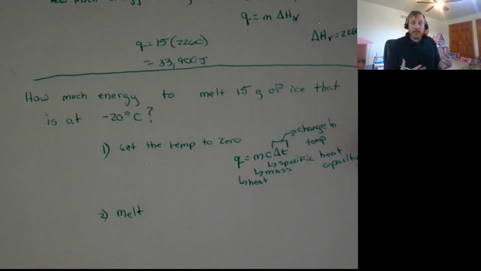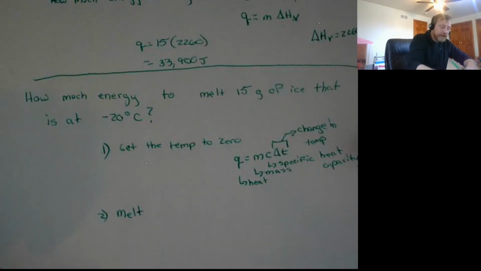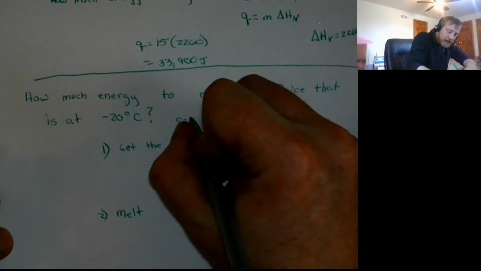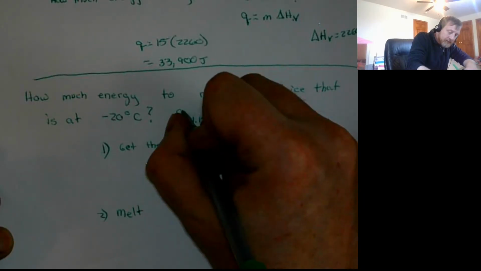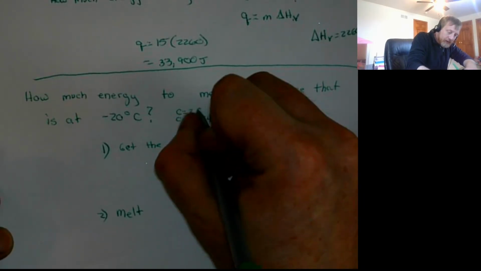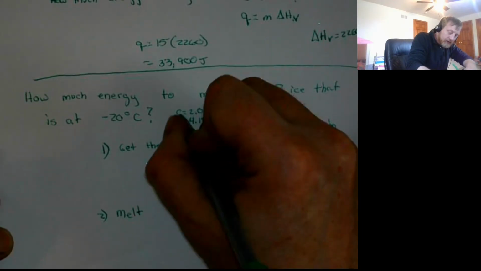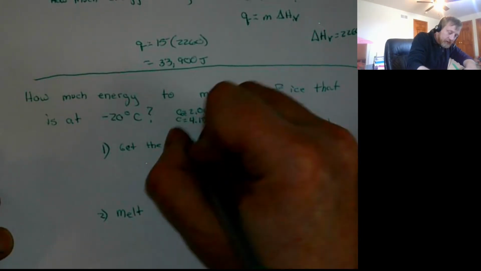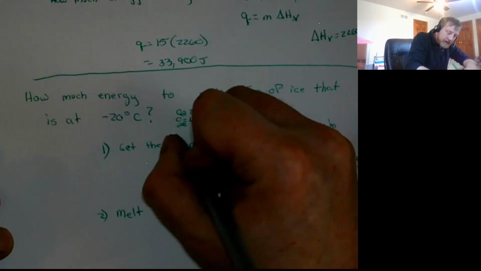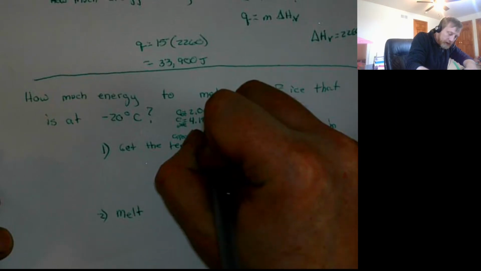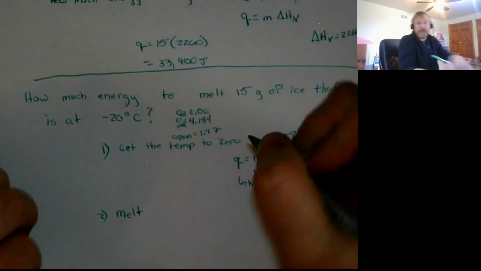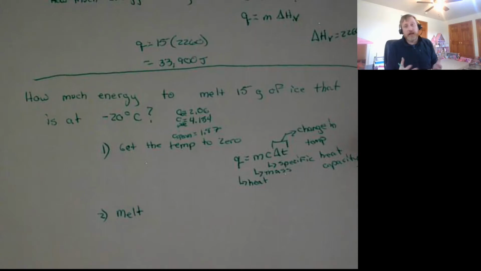It's just, well, not listed for you, but C for water is 4.184, C for ice is 2.06, and C for steam is 1.87. And so we're actually not going to need all of those on this problem, but those, again, would typically be provided for you.